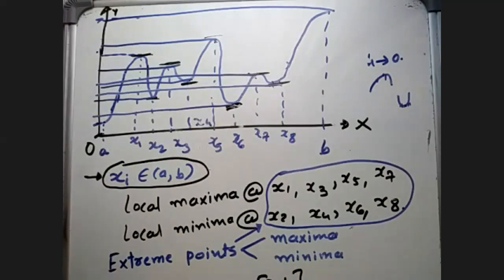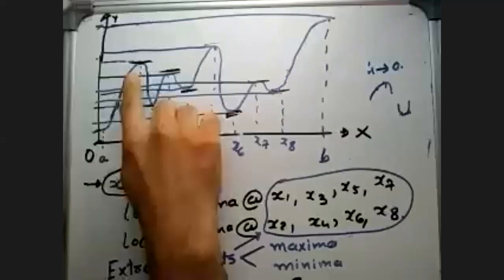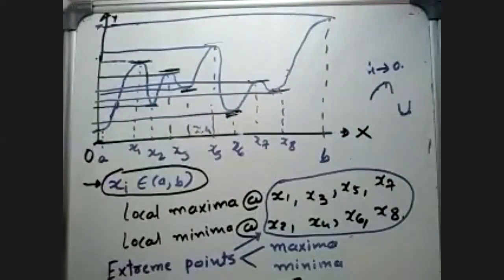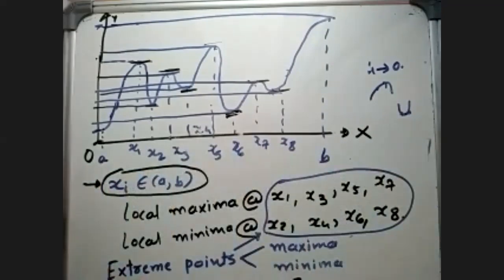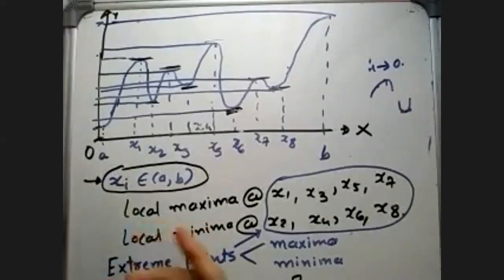I'm repeating this once again. Suppose this is your curve, the graph of y equal to f of x. In any small neighborhood of any point, suppose these points are x1, x2, x3, x4, x5, x7, x8. In its neighborhood, if x1, x2, x3, x4 have higher values, then these are called local maxima.